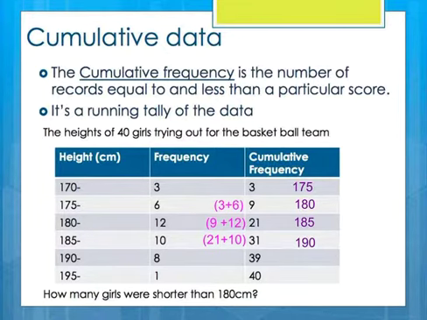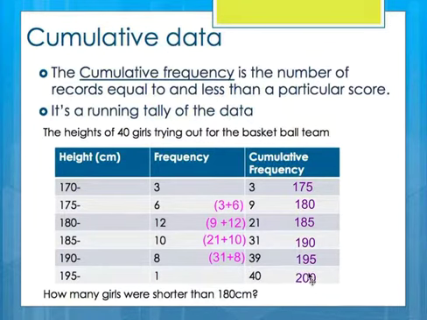And the same for the next one as well. So 195. There are 39 results that are less than 195, which is just the 31 from the previous row, plus the 8, which is the frequency between 190 and 195.